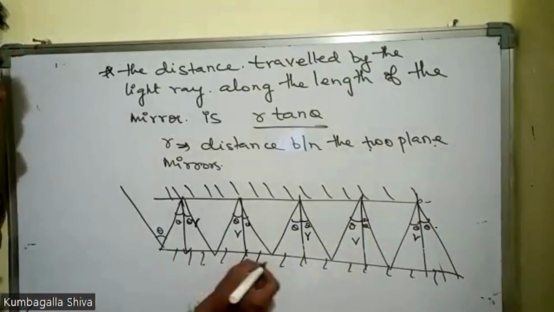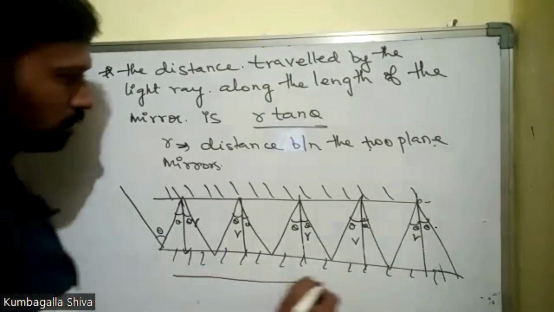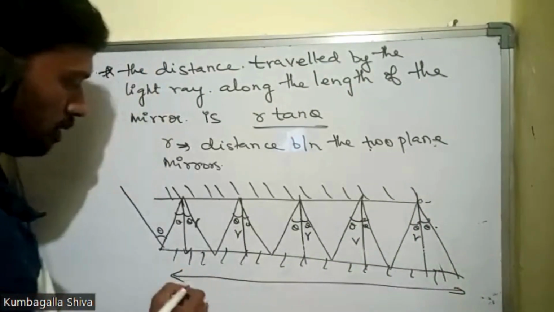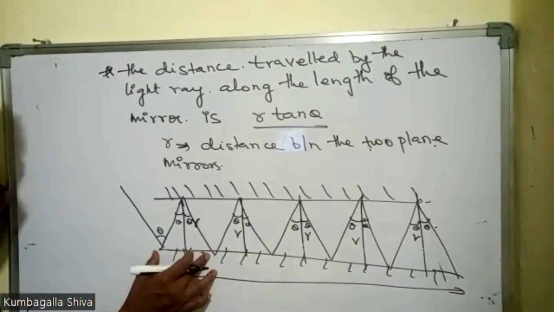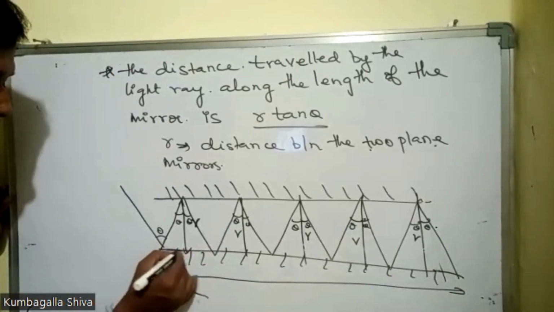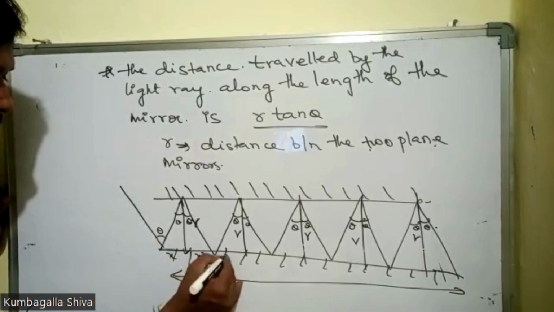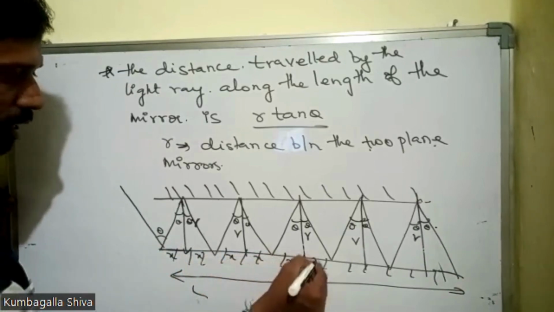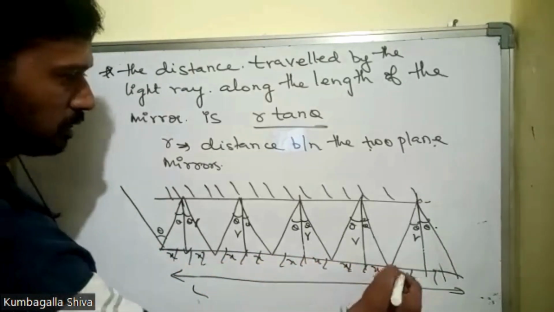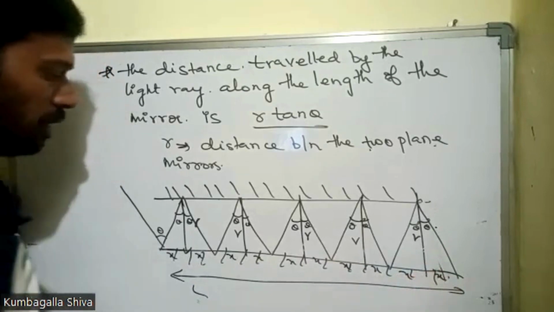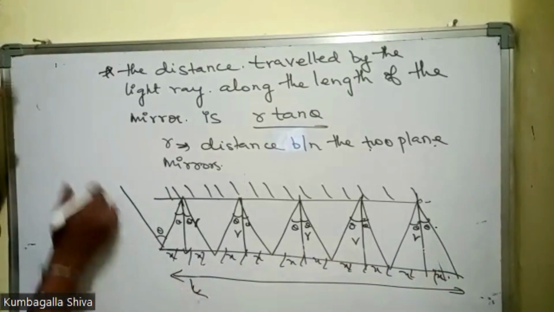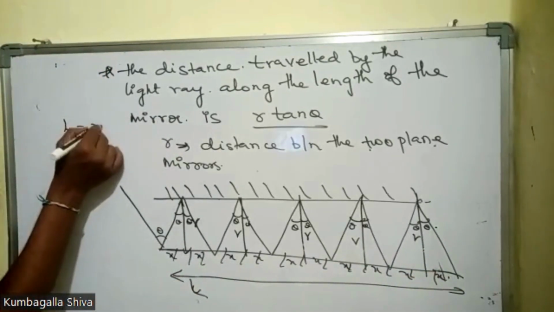Let the length of the mirror be L, and I go for only one reflection point. Let us say from here to here, this is x, and each of these is also x. Total length will be, here I can write L is equal to nx.